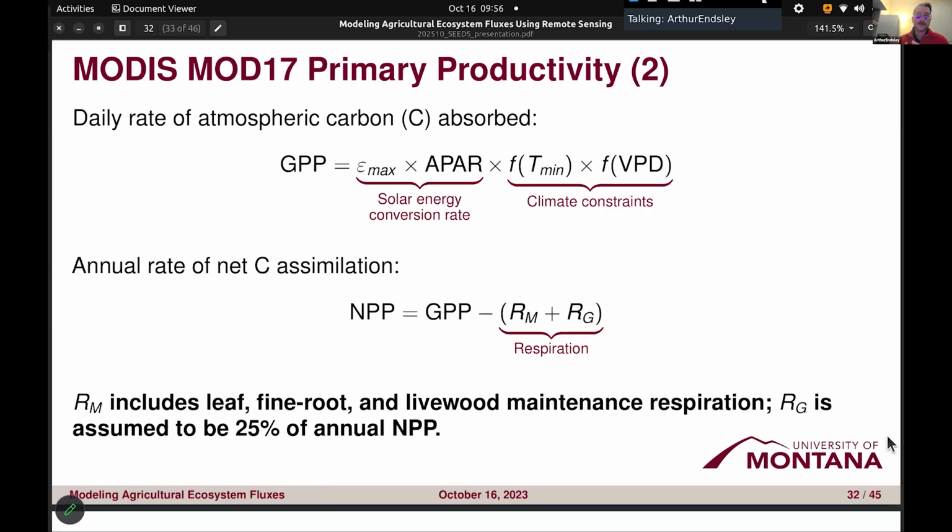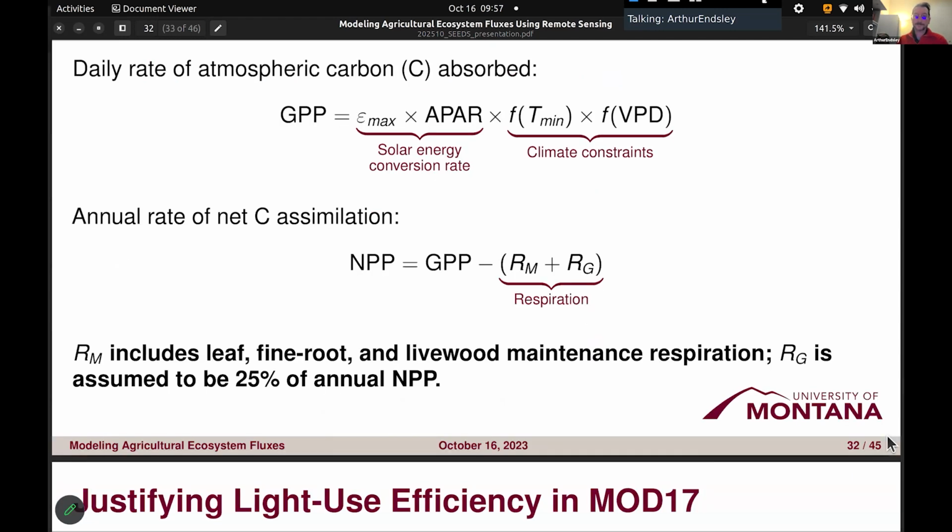Those functions limit this upper or maximum rate of solar energy conversion. So this approach is referred to as a light use efficiency model. With GPP, we're then able to estimate an annual rate of net carbon assimilation by subtracting the plant's metabolic respiration.